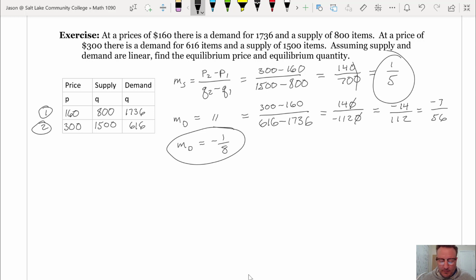All right, now we need to come up with the supply and demand functions and set them equal. Okay, a lot of work in this problem. So let's start with supply. In this context, the point slope formula would be P minus P1, because price is the output, is equal to the slope of the supply curve times Q minus Q1.